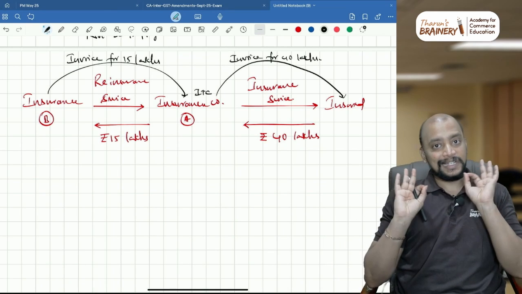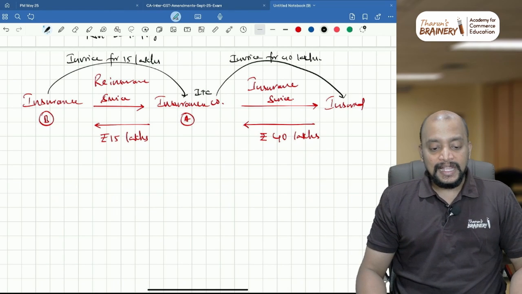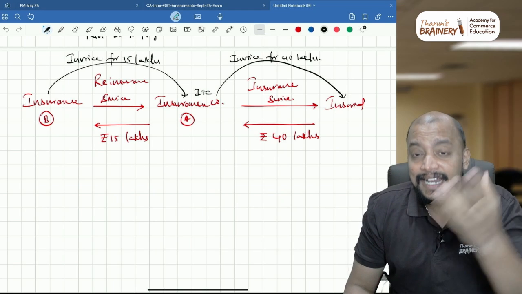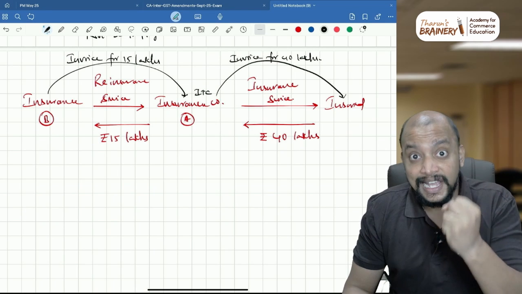No doubt this is clear. But generally, insurance company B is getting this 15 lakhs as income.